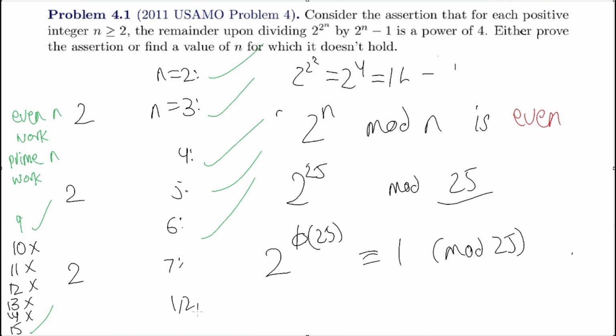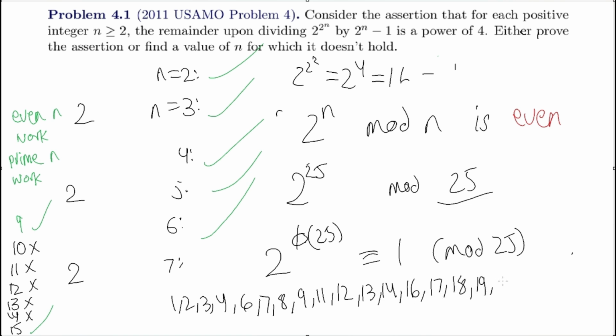So 1, 2, 3, 4, 5 doesn't work, 6, 7, 8, 9, 10 doesn't work, and then general multiples of 5 don't work, but all the rest do. So 11, 12, 13, 14, 15, no, 16, 17, 18, 19, 20, no, 21, 22, 23, 24. And we count 20 numbers total.